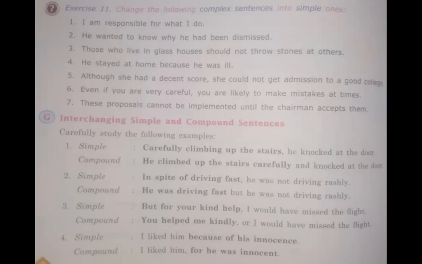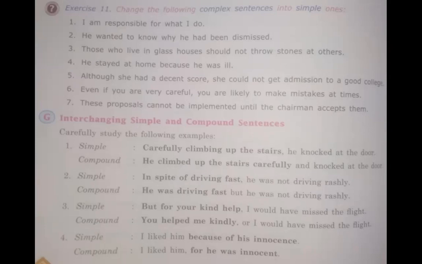So now, carefully climbing up the stairs. We have to see the other one, he knocked at the door. This is a complete sentence. The first one, carefully climbing up the stairs, is to be changed into a complete clause which gives complete sense. So we need to identify the subject of the complete simple sentence.